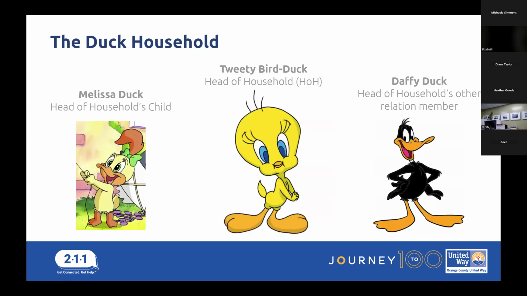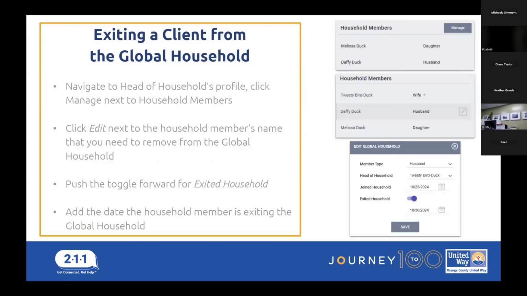I will now demonstrate how to exit a client from the global household. For this example, we will exit Daffy. To do this, you can go to the Household Members section and click on the Manage button. Then we are going to search for Daffy and click the edit icon next to Daffy's name.